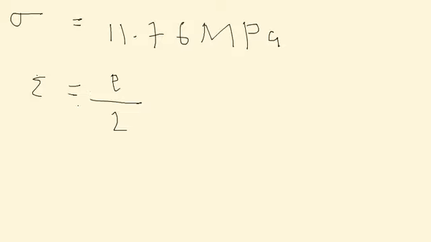In this question we have the original length but the extension is not given. That means we cannot use this formula directly to get the strain unless we know the extension, the change in length. In this case the change in length is not given, therefore we cannot use this formula.